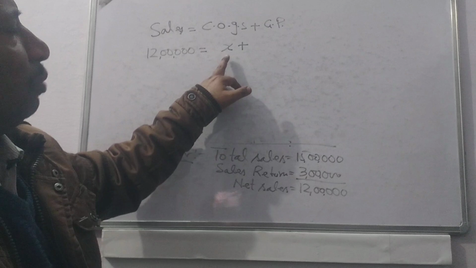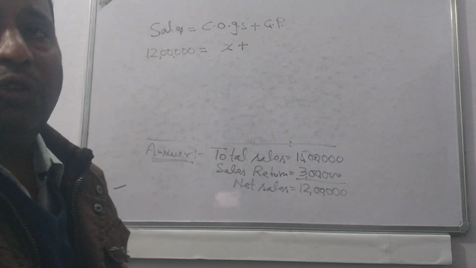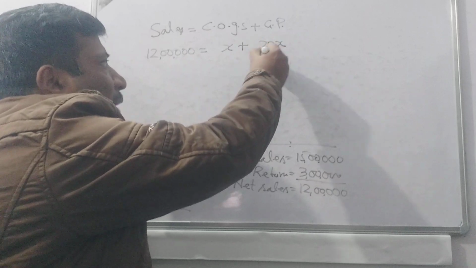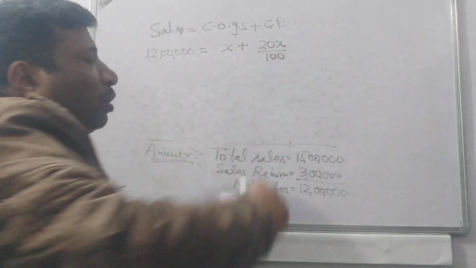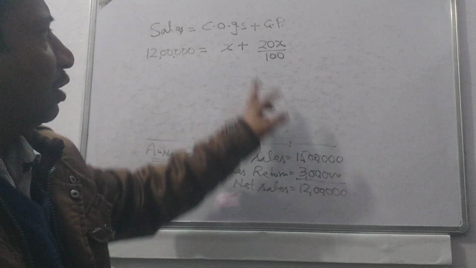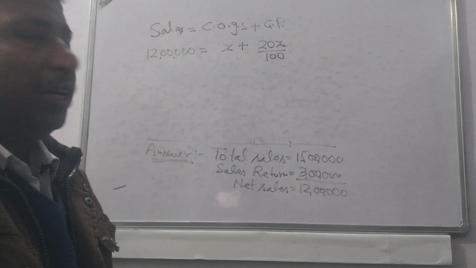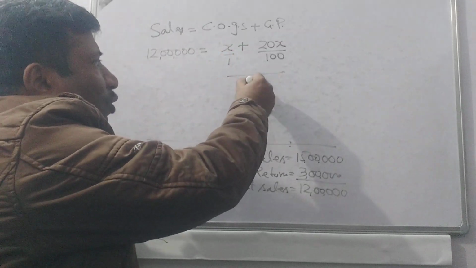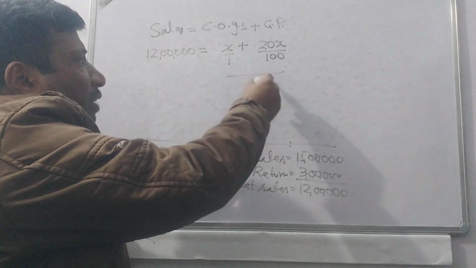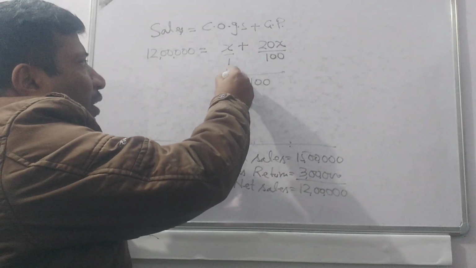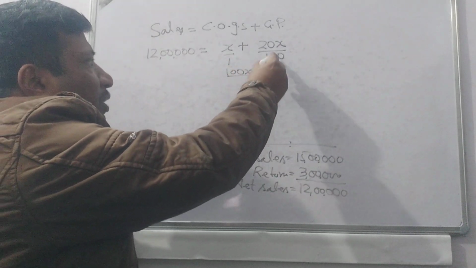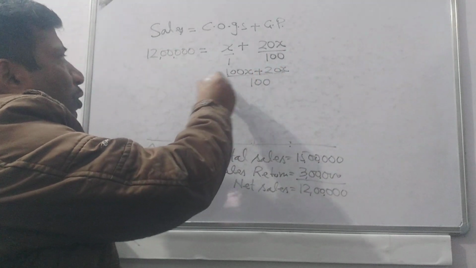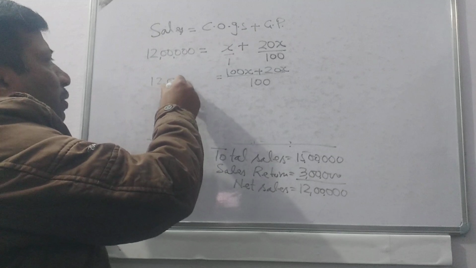So we assume X as COGS and apply 20%: 20X by 100. We take LCM 100, so this is 100X plus 20X, divided by 100, which is 120X by 100.